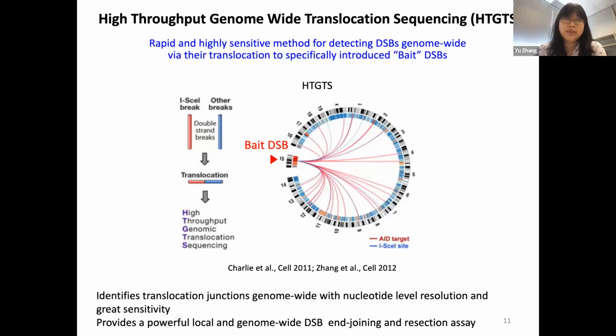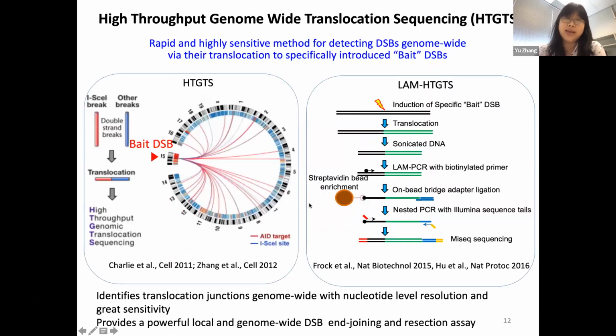This is an example showing that a bait break introduced by I-SceI was used to successfully detect the genome-wide breaks caused by AID, denoted in red here, and also the I-SceI off-targets, denoted in blue here.